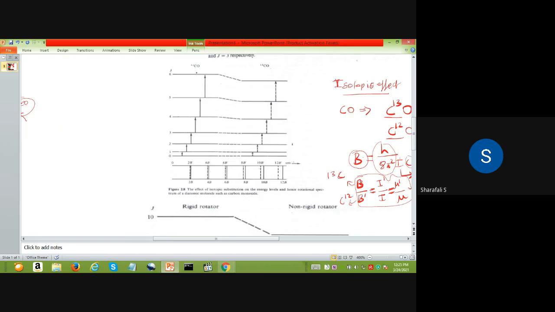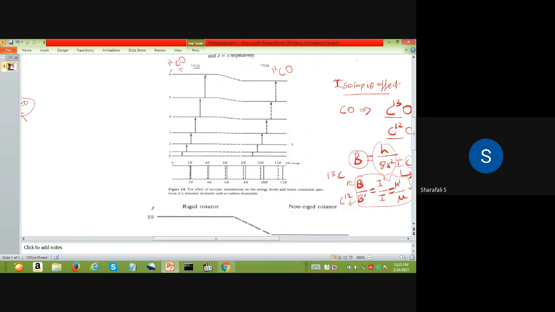So in carbon 12, you can see this solid line. So these are solid lines. This solid line represents carbon 12, which is present in this carbon monoxide. So these transitions are for carbon 12 with oxygen, and this is for carbon 13 with the oxygen.